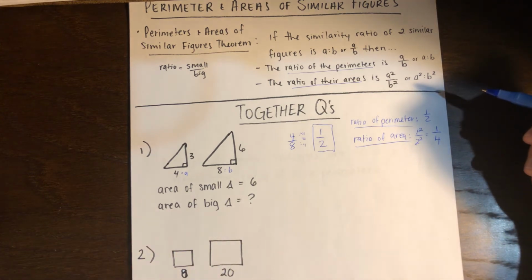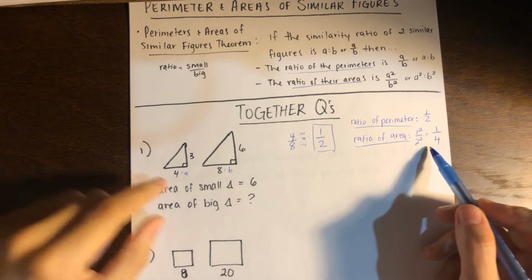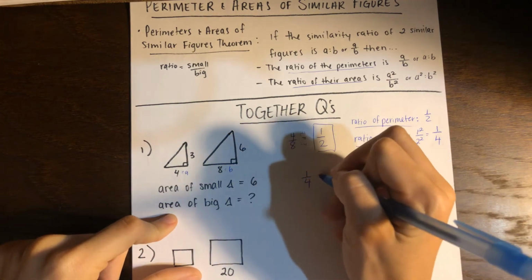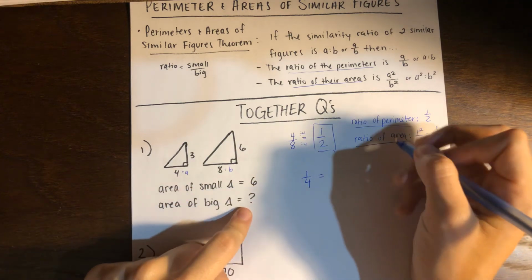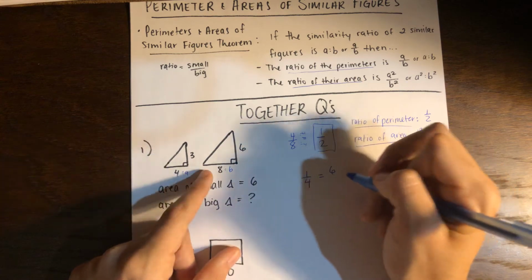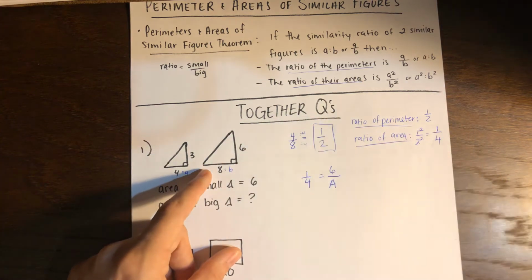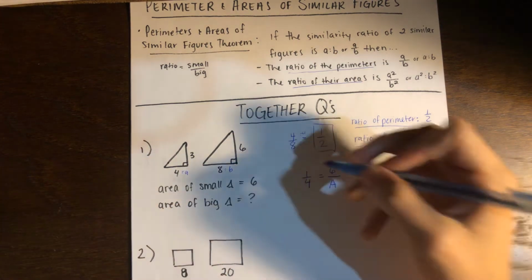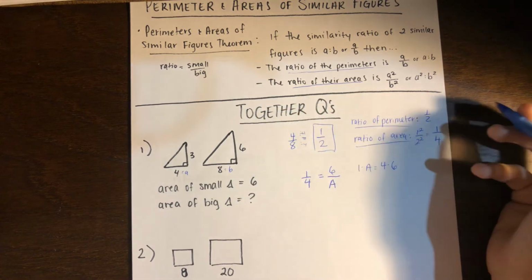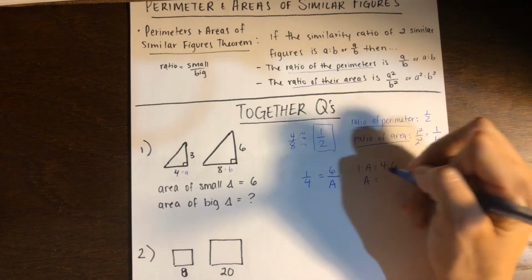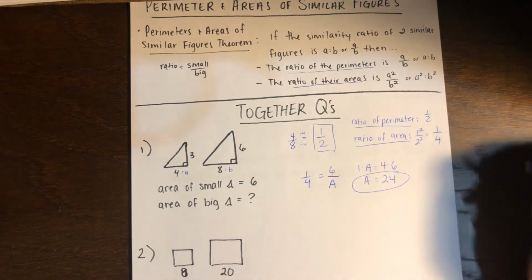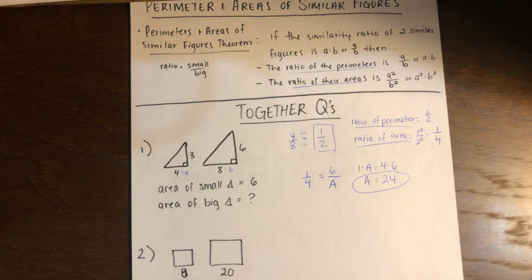We're going to take our ratio of area, because we're talking about area, so 1/4, which is going to be equal to 6 over x, or I'm just going to put big A for area. Then you cross multiply, so 1 times A equals 4 times 6. 1 times A is A, 4 times 6 is 24. So the area of the big triangle is 24.